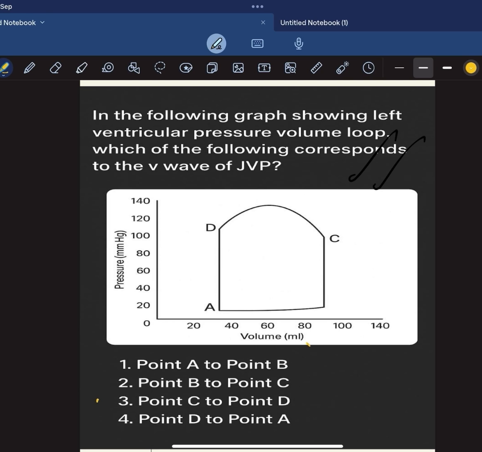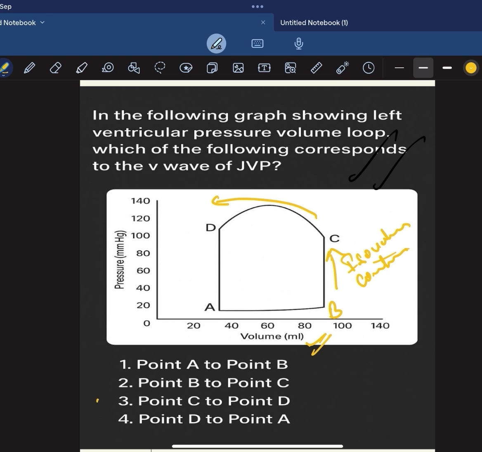From B to C, the volume is constant. So the systole starts from the isovolumetric contraction when all four valves are closed. Then if we go from D to C, we can see that the volume is decreasing from 90 to somewhere around 20 to 40.